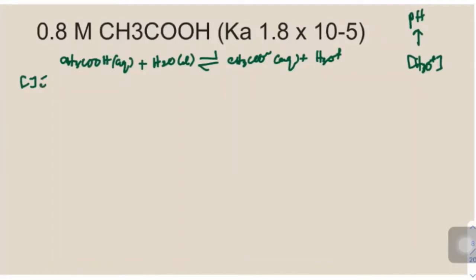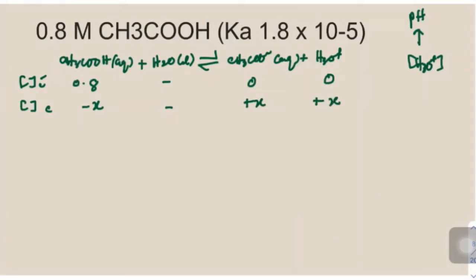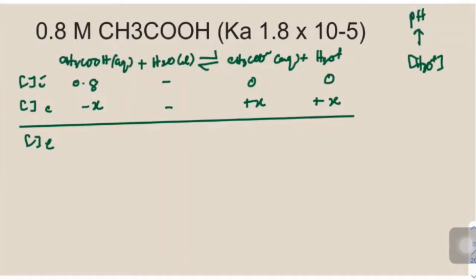Acetic acid is 0.8 molar, dash for H2O, and then 0 for acetate ion and 0 for the H3O plus. Concentration change during the reaction is minus X for acetic acid, dash for H2O, plus X for acetate and plus X for the H3O plus. So that when it is at equilibrium, the concentration will be 0.8 minus X, X and X.